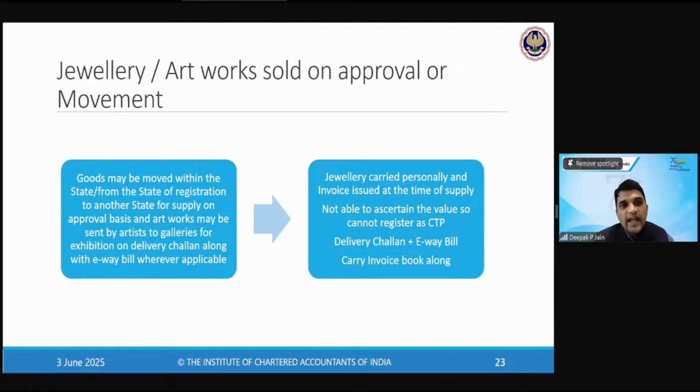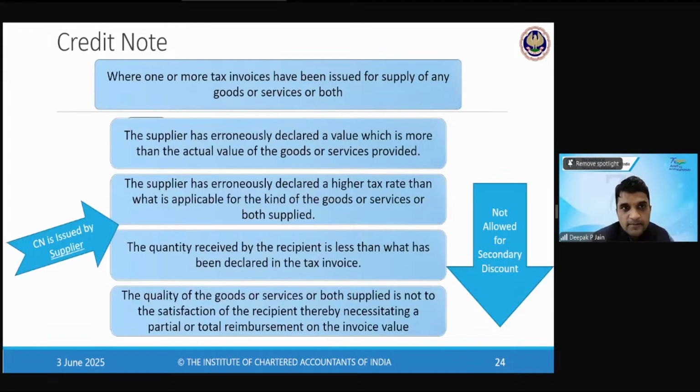This is called line sales, where a sale is made by one person who is carrying the goods and selling them to various shopkeepers. He's registered. He will have to charge IGST, but he doesn't know what the value of supply will be. So he will carry the delivery challan along with him. For movement of goods, control has to happen, so a delivery challan will be raised.